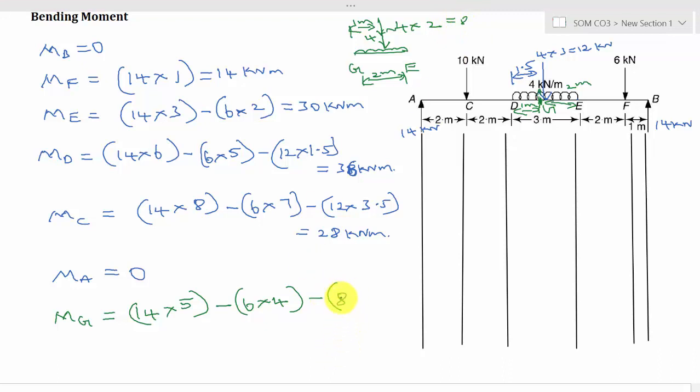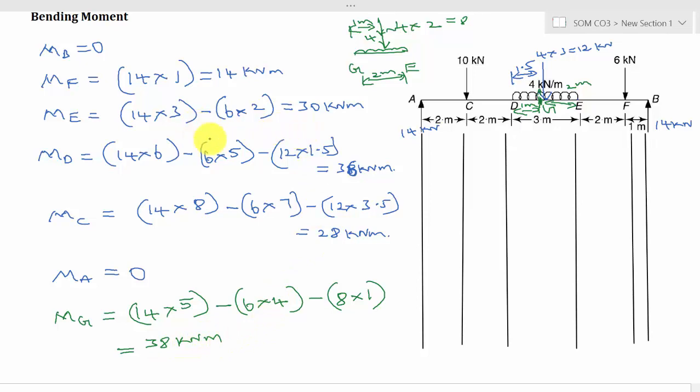So this is 8 into the distance is 1 meter. Okay. So 14 into 5 is for the reaction force, 6 is this point load, and this 8 into 1 is for the reaction, the UDL that is acting in between G and E. Okay. So this is equal to 38 kilonewton meter.